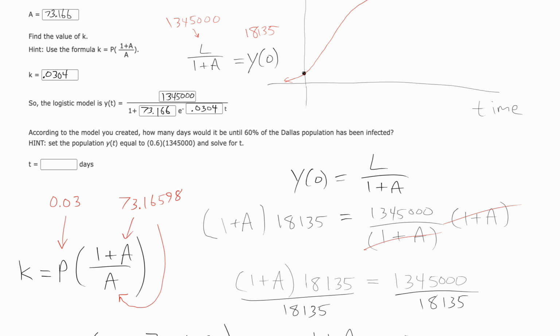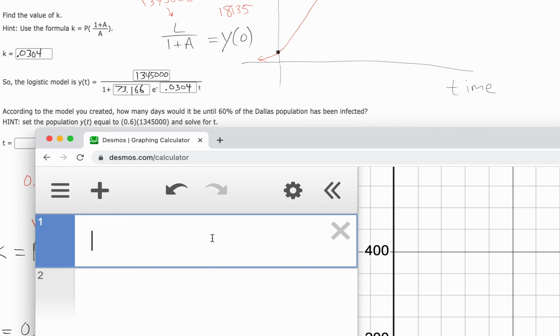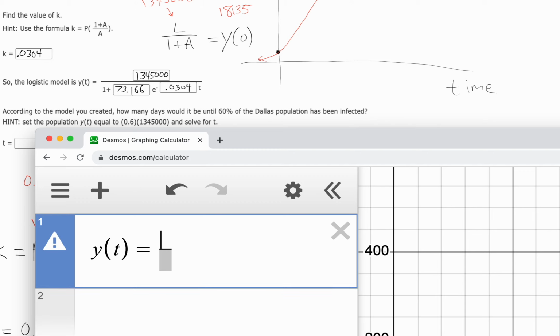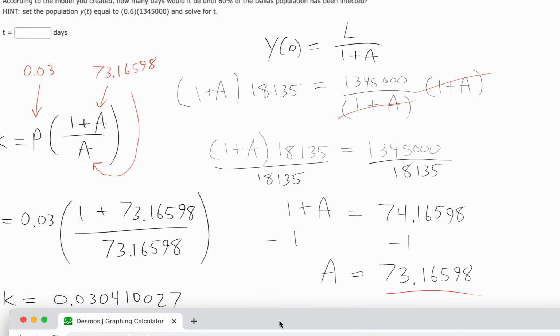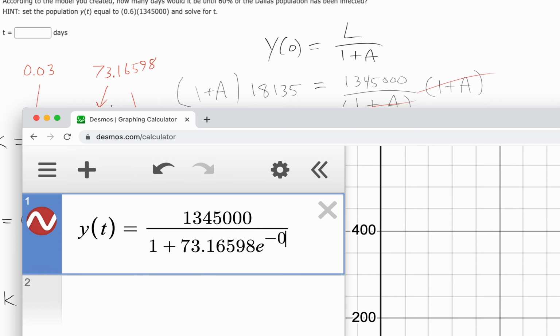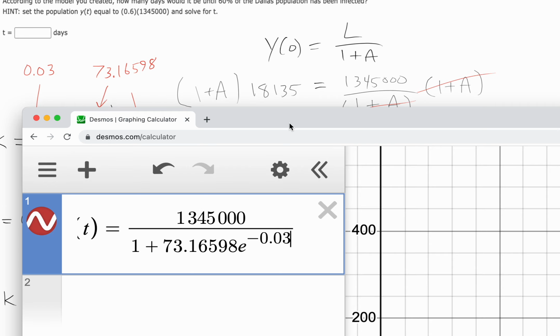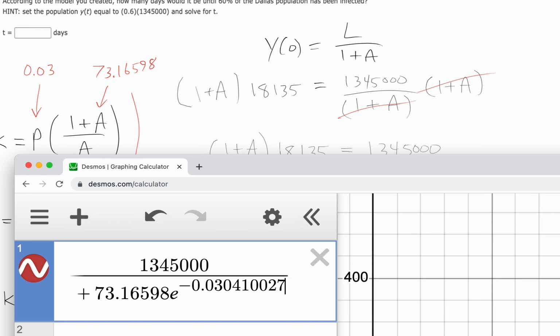So just for a quick answer to this, the fastest answer we could get could be found through technology. So just do y of t equals 1,345,000 over 1 plus 73.1659 e to the power of negative 0.030410027 times t.